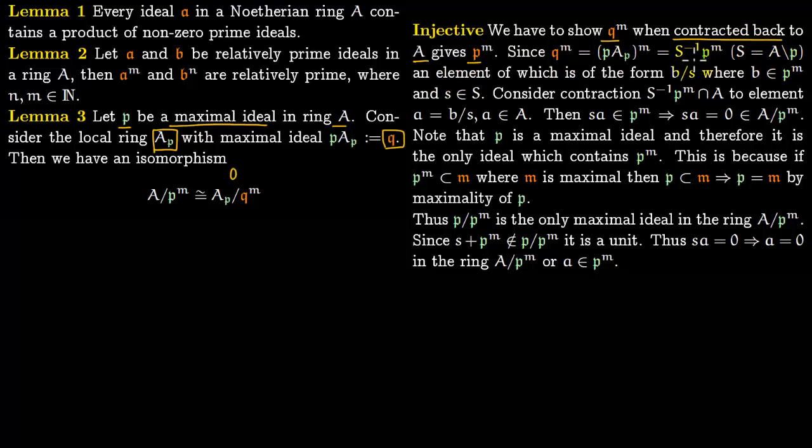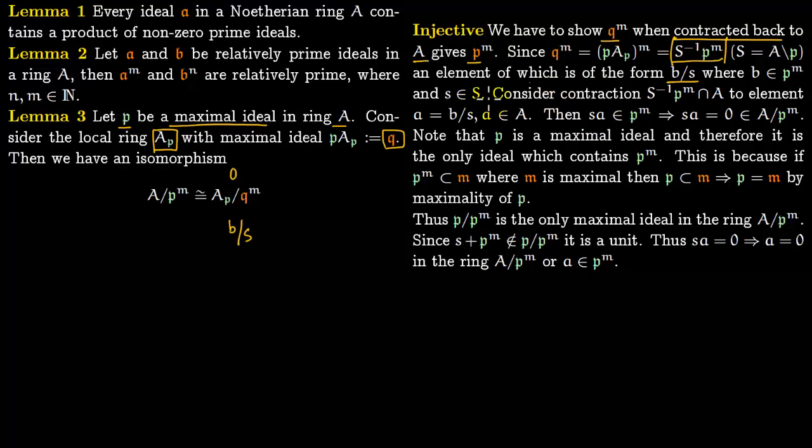So what does an element of this look like, which is equal to Q^m? You're taking the 0 element here. What does it look like? It is of the form b over s, where the numerator belongs to P^m, and the denominator belongs to this multiplicatively closed set S.